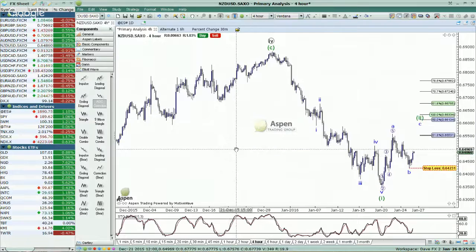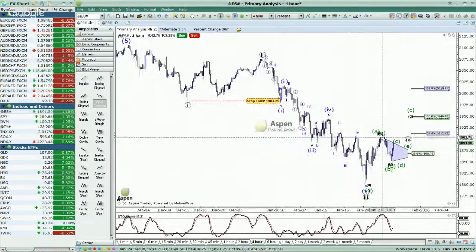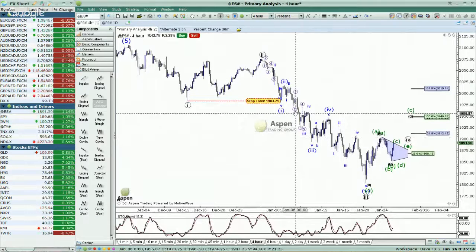Because let's look at this. Here's the S&Ps on a 4-hour chart. They're pretty close to taking out the recent high at 1905, or I'm just calling it 1905.